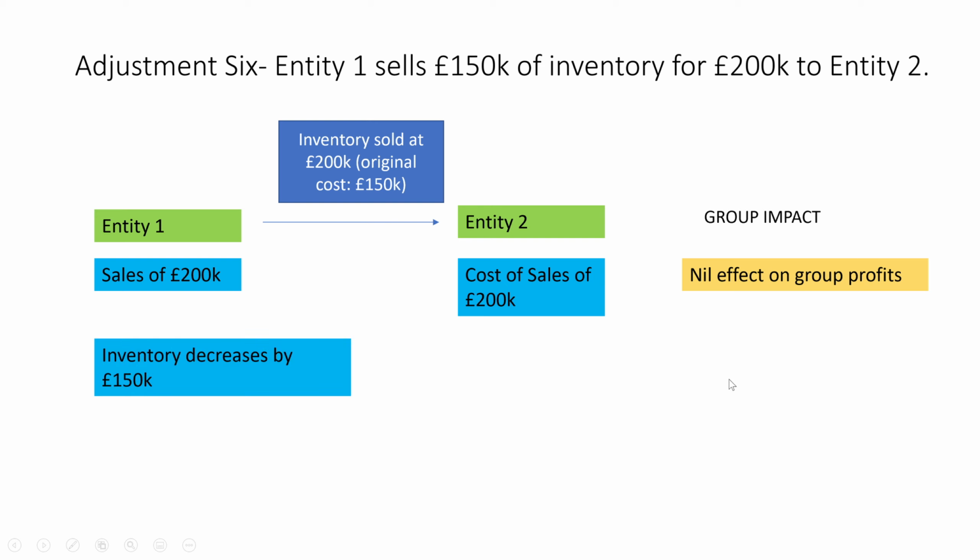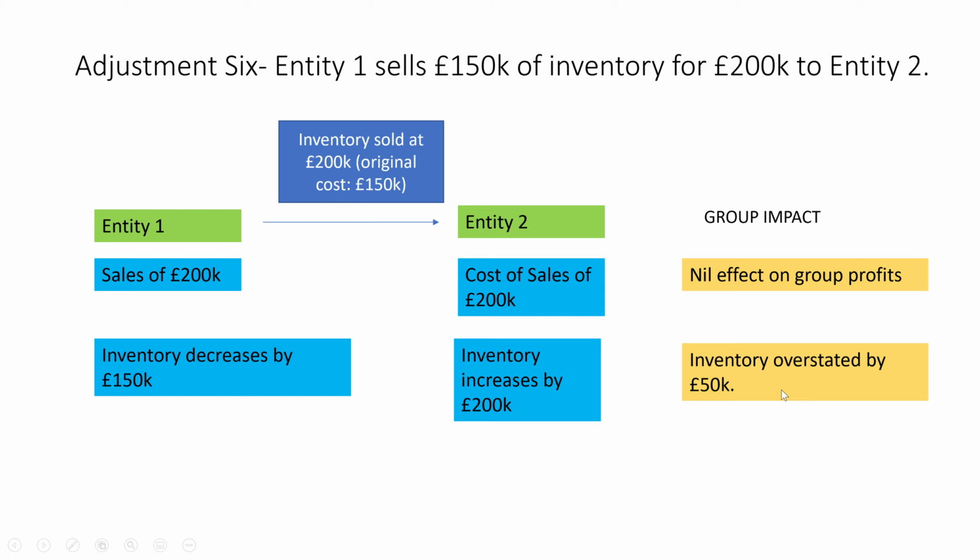What about inventory? Well, we're getting rid of inventory of 150k. On entity 2, we're actually acquiring inventory at 200k because we're buying it at a cost of 200k. So the overall impact is an overstatement of inventory by 50k. Now the other impact is entity 1 is also recognizing a profit.